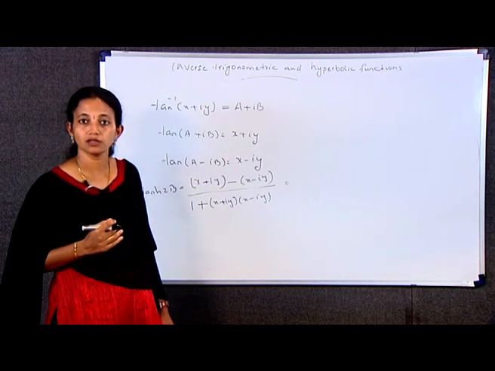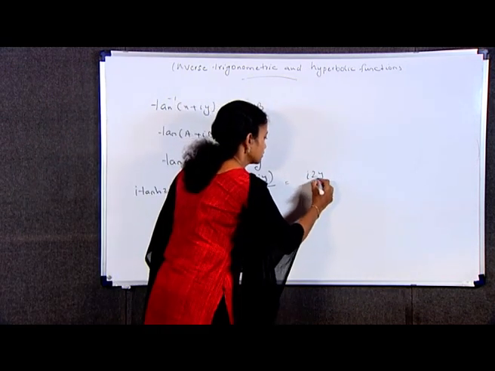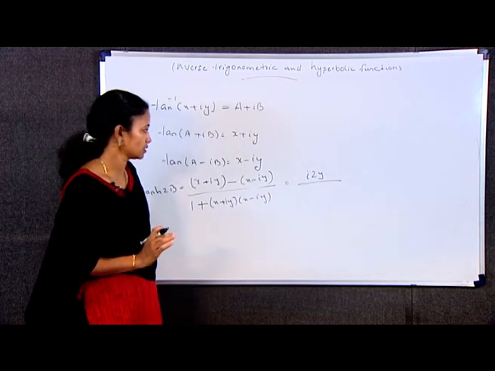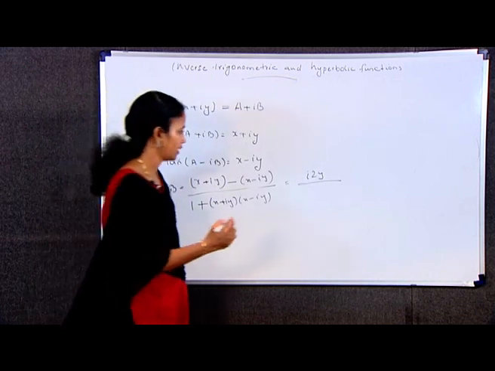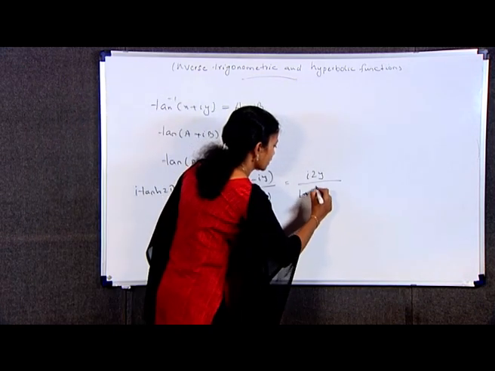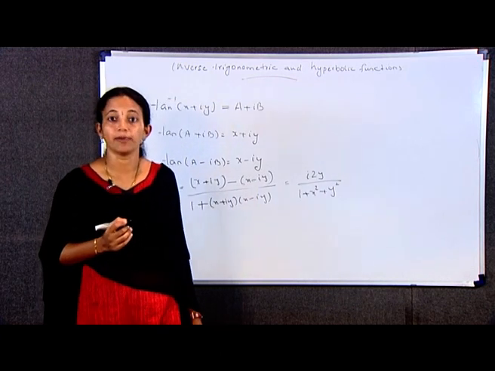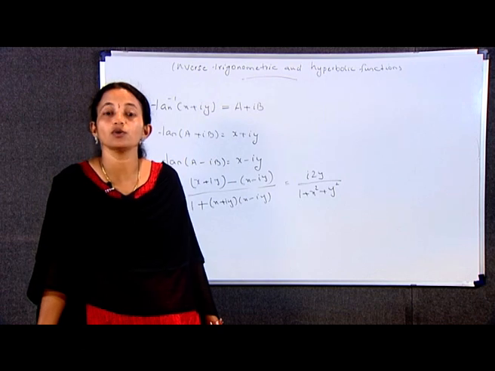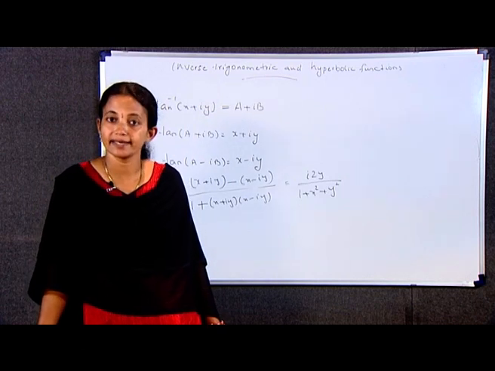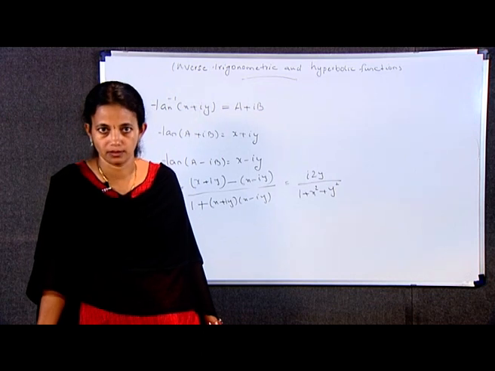On simplification, we get i2y by 1 plus x square plus y square. That is, imaginary part of the given expression b is equal to 1 by 2 tanh inverse of 2y by 1 plus x square plus y square.